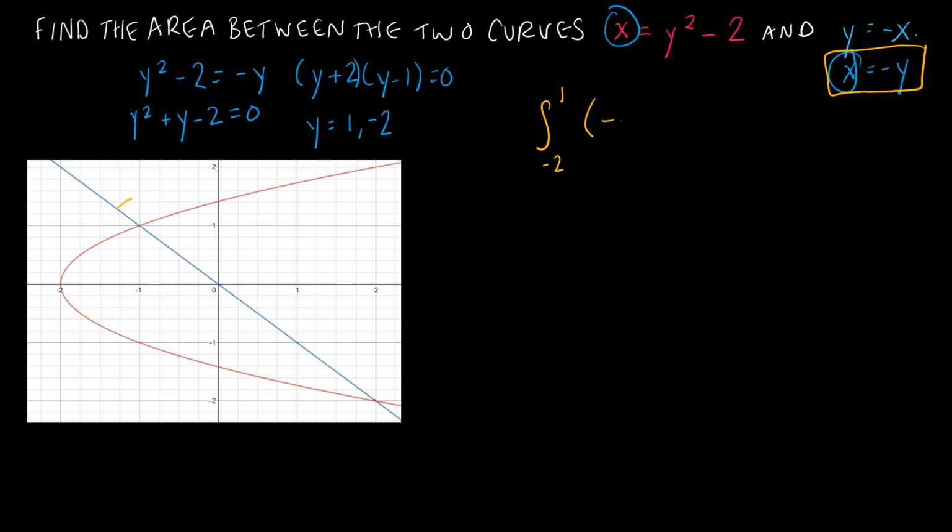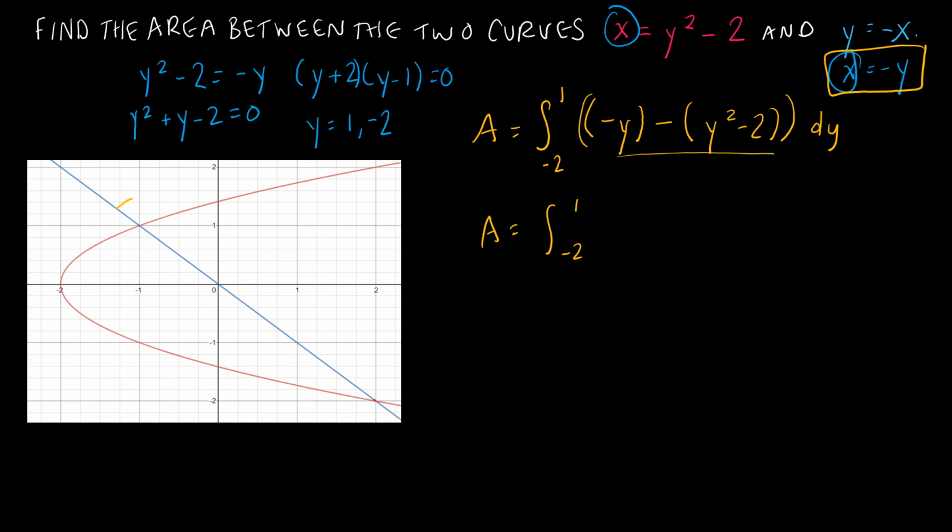So I've got negative y, and then I'm subtracting the function on the bottom, or to the left in this case, which is y squared minus 2, all with respect to y. Now, it shouldn't change anything. We're still going to do everything the same way we did before. It just makes your brain work in a different direction. So again, that's the area from negative 2 to 1.